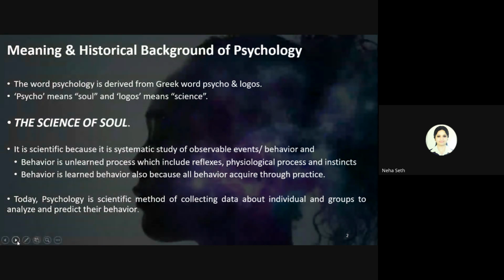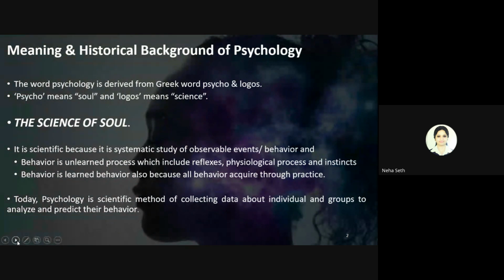From behavior, we need to move ahead and try to study the consciousness of our student. Then we can study the mind of our student, and ultimately we can call it studying the soul of our student.